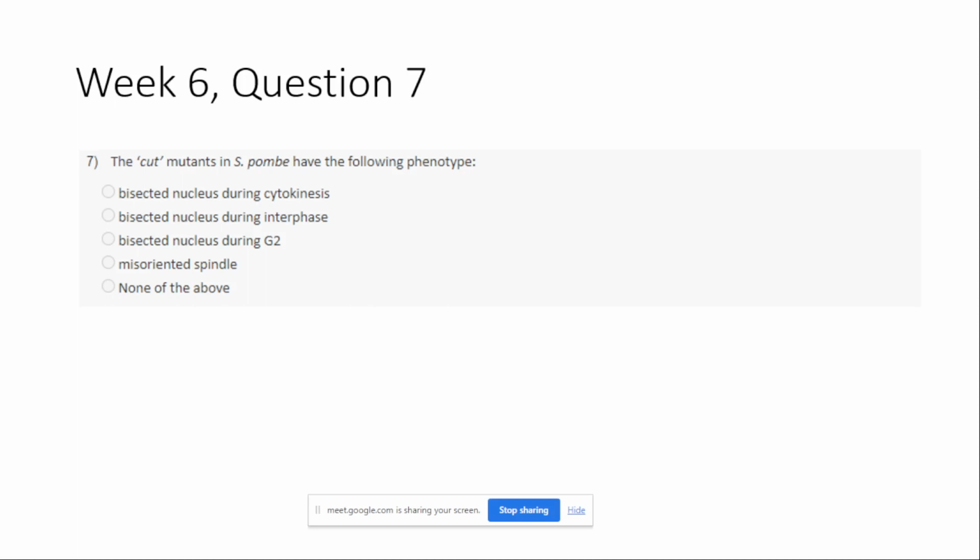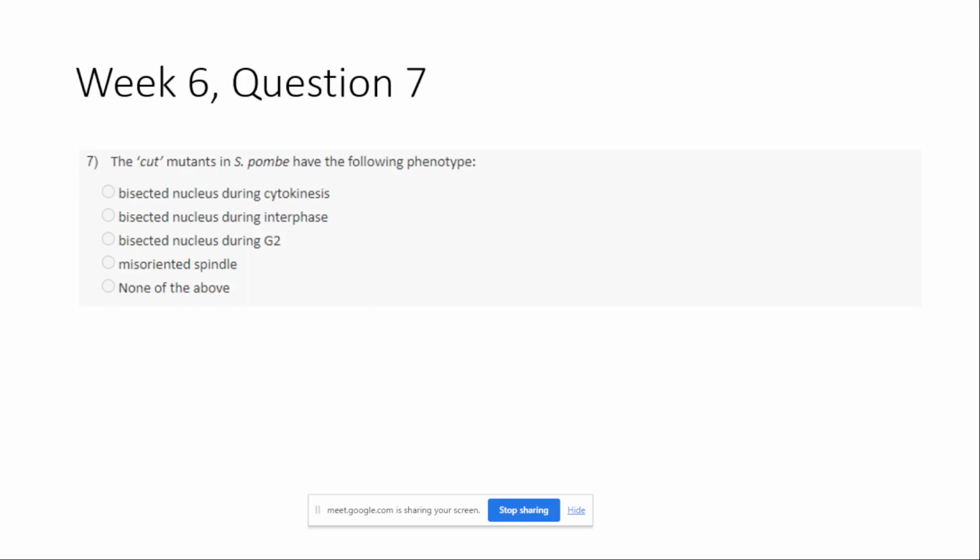What are the cut mutants? Cut mutants are mutants in the yeast. In this mutant, they have a phenotype of fragmented DNA or a bisected nucleus. Okay, so their DNA will be fragmented. Due to this phenotype, the mutants are known as cut mutants.